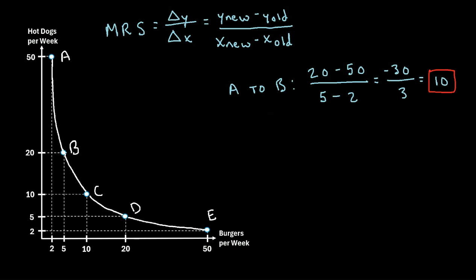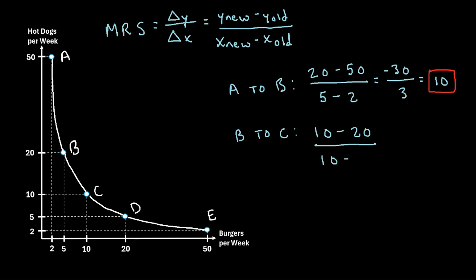Now let's calculate the marginal rate of substitution of moving from point B to point C. Again, we're just going to use this formula up here. So the new y value at point C is 10 hot dogs per week. Then we subtract the old y value. At point B, the old y value was 20. So we'll say 10 minus 20, divided by, in the denominator, the new x value. At point C, the number of burgers is 10.